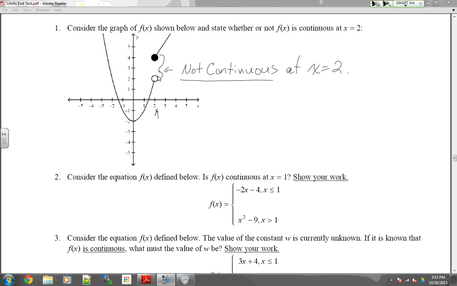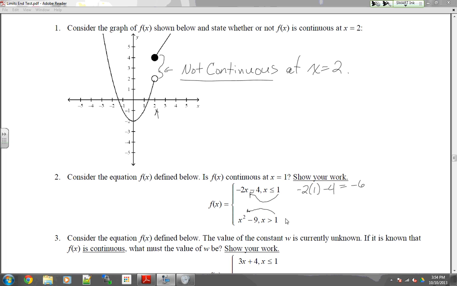All right. Number two, consider the equation f of x defined below. Is f of x continuous at x equals 1? What you've got to do here is take the 1 and substitute it into both equations, solve, and see if they equal the same thing. So the top would be negative 2 times 1 minus 4, which is negative 2 minus 4, which is negative 6.